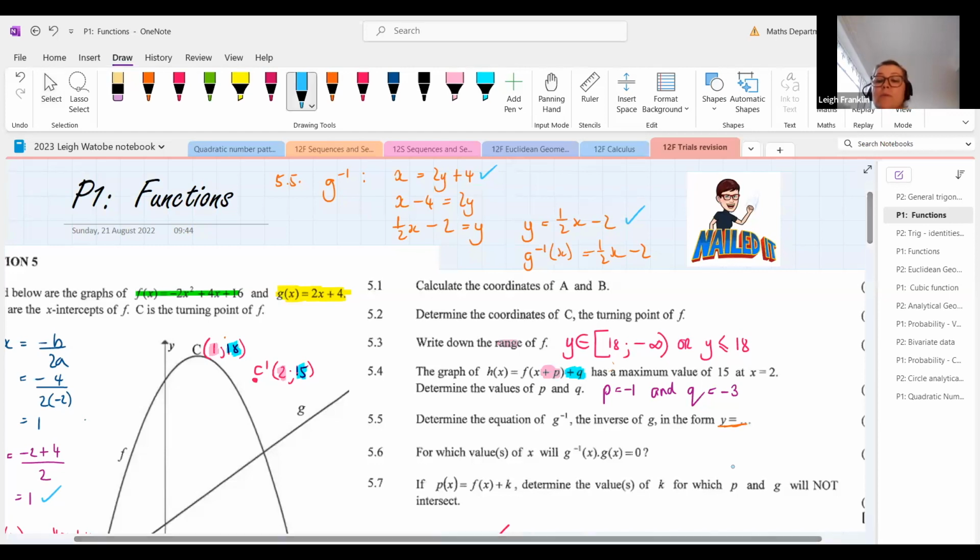So either this must be 0 or this must be 0. That's the only way. One has to be 0. Quite right, Gugu. When we multiply two numbers together and our answer is 0, one of the two numbers has to be 0.